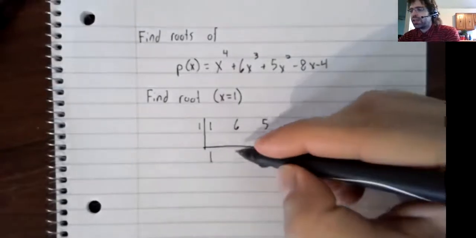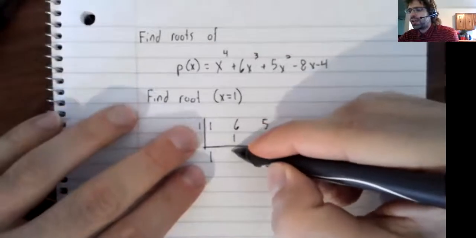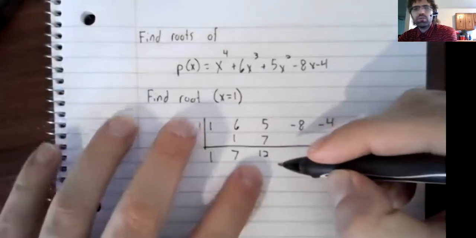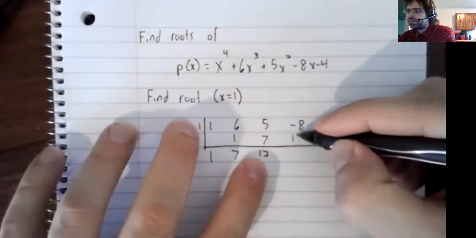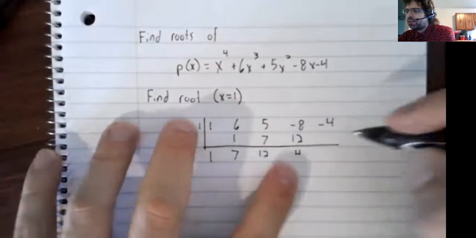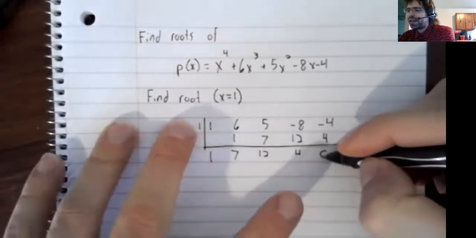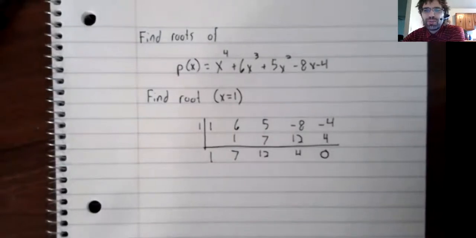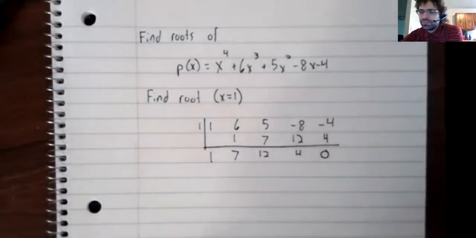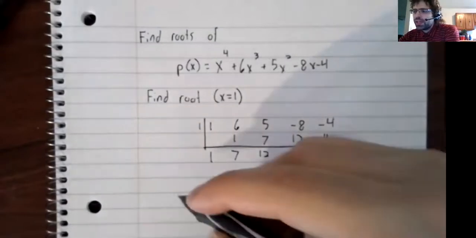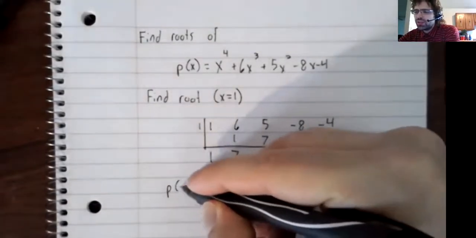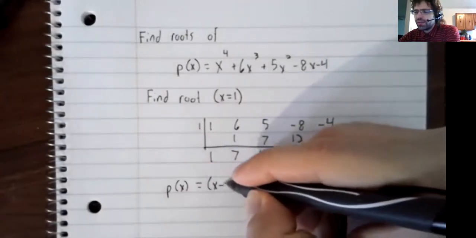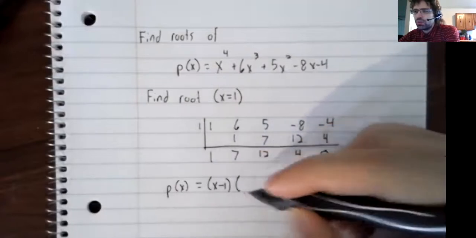Drop the 1 down, multiply, add, multiply, add, multiply, add, multiply, add. Synthetic division is quite quick once you get a handle on it. And what we're doing here is factoring this polynomial.